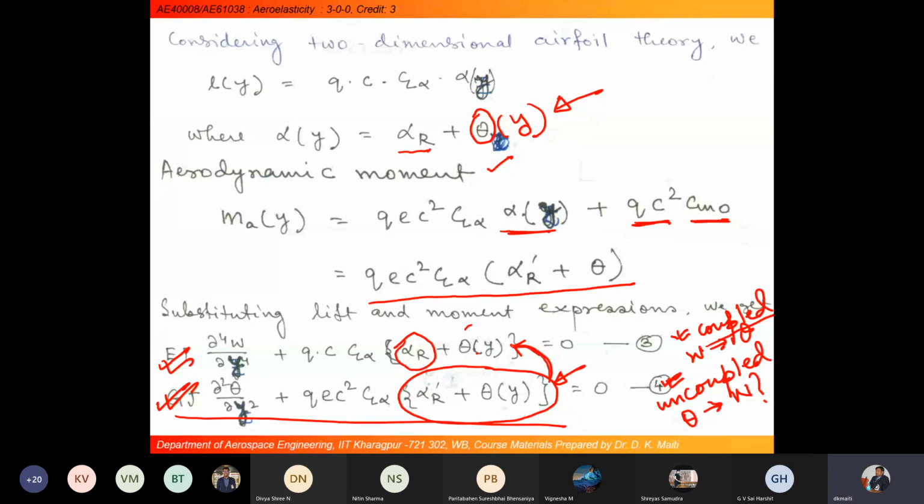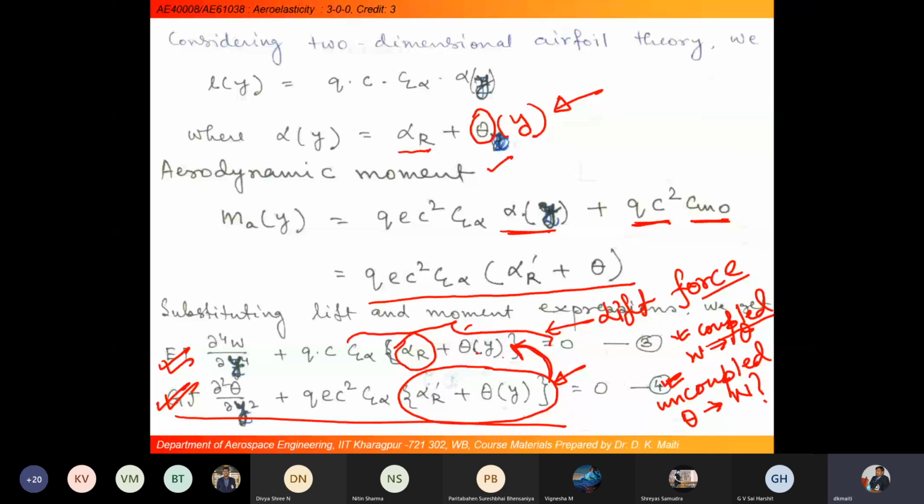Is it clear? This whole part is the lift force. So q c Cl alpha into theta is the induced lift. Theta is basically induced due to flexibility. When we consider that the aircraft wing is infinitely rigid, then theta will not appear.